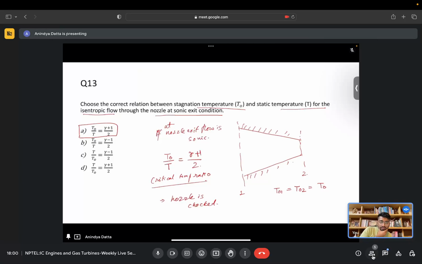So this is the condition of nozzle choking, because at the exit of the nozzle the flow velocity has reached Mach number 1. Now for this nozzle we can't have higher velocity, right?